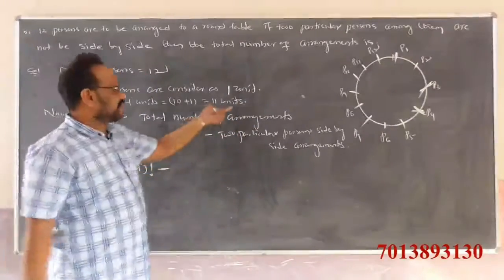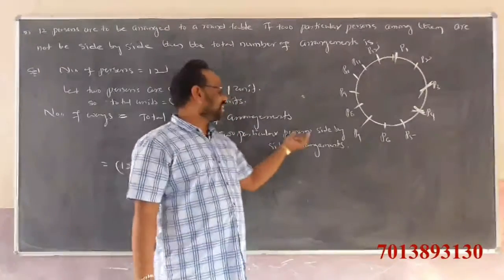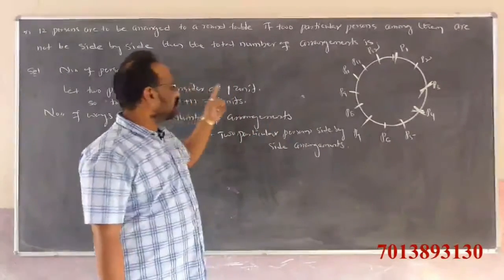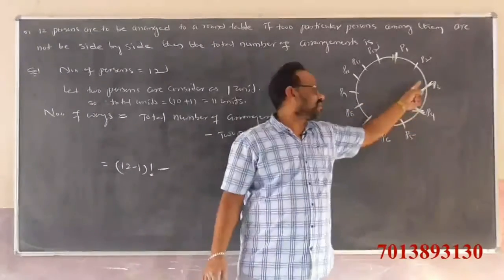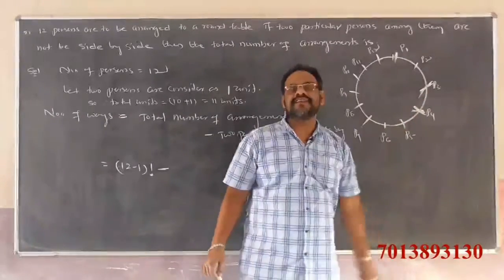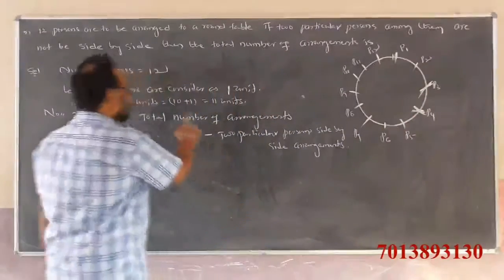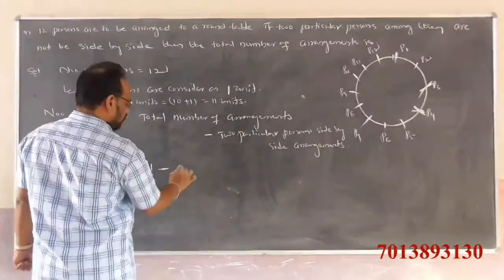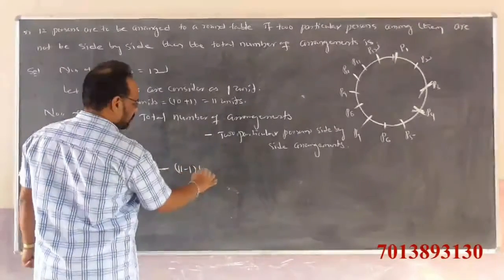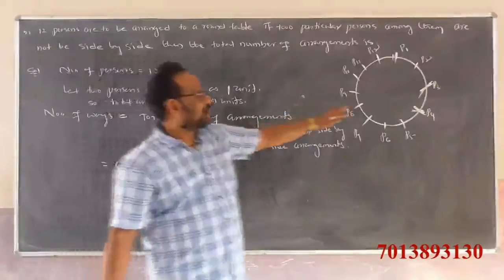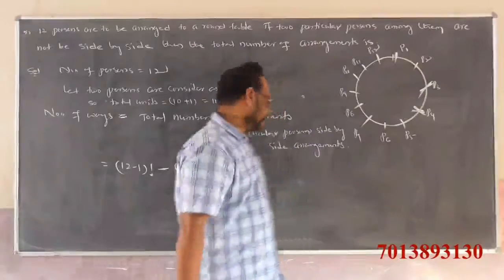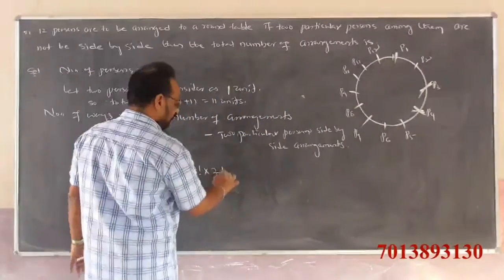Observe here, for two particular persons side by side arrangements we want, these two particular persons are considered as one unit. So the total number of units is equal to 11 units. So 11 minus 1 factorial, into the number of ways these two particular persons can be permuted, which is 2 factorial ways.